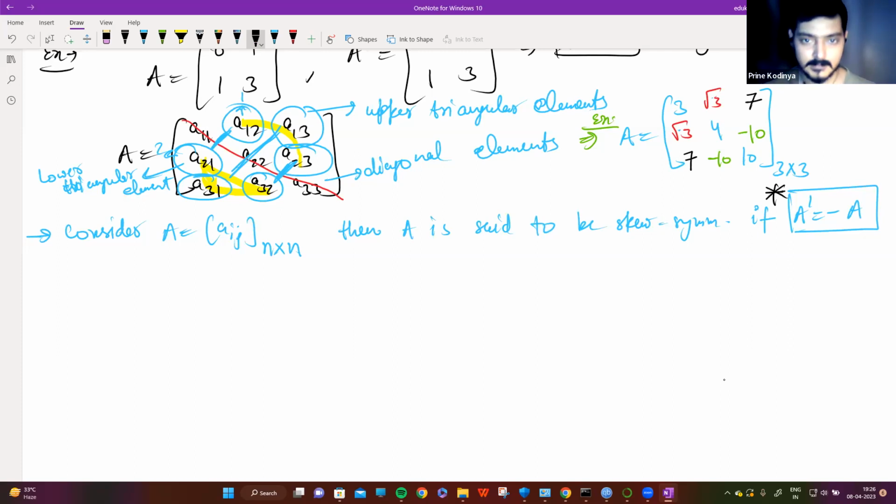Now let's apply some maths. We are saying A is this. It means that A dash has to be Aji. What we are saying here is A dash must be equal to -A. If A dash equals -A, then Aji must be equal to minus times Aij.